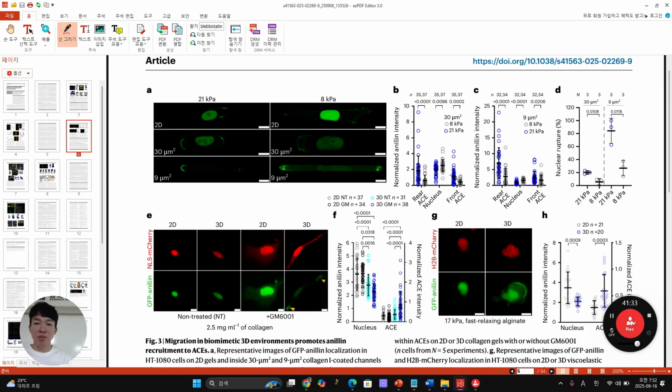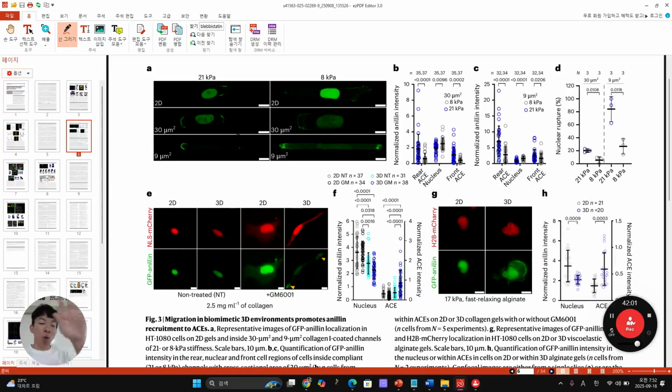They prove it from normalized annealing intensity, and then from the 30 micrometer square and the 9 micrometer square stimulus. And local rupture, definitely rupture is more enhanced in 21 kilopascal. Because anyhow, when they squeeze through a higher stiffness substrate, they have to generate more power, and then this power can make the rupture of the nucleus.